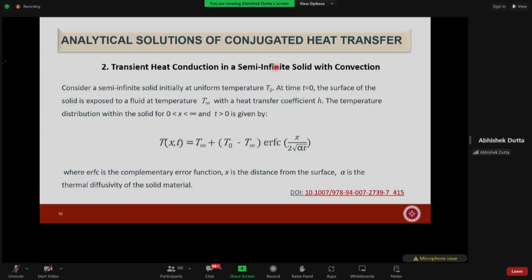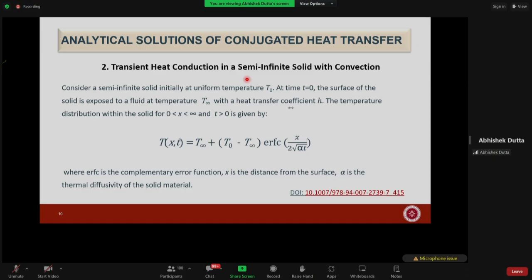So what is a semi-infinite? What do you mean by a semi-infinite solid? You must have done your heat transfer, so you should know this. Can someone write it or talk if you can? Semi-infinite is basically a solid that has a single surface and extends to infinity in all directions except one.